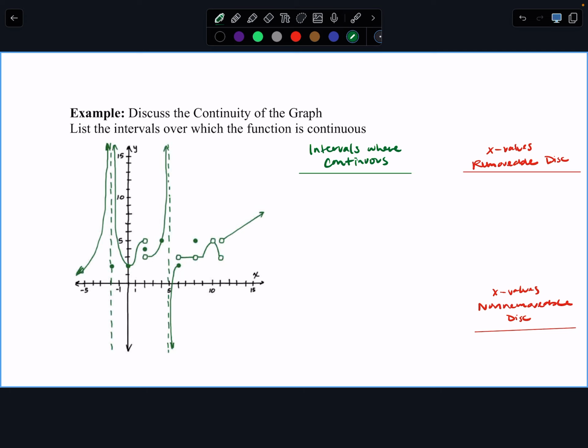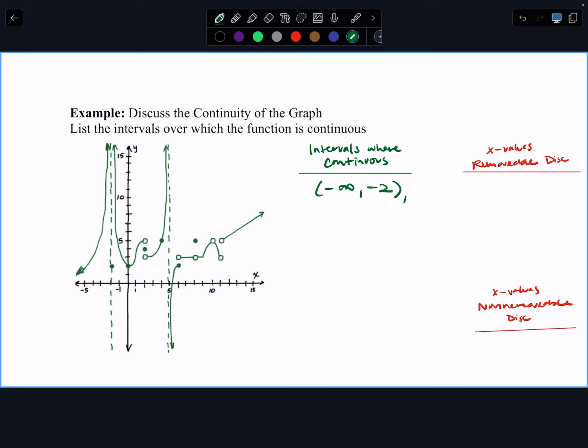Alright, you guys, let's check in. So, reading the graph from left to right, thinking from your pre-calc perspective, where would I be tracing the graph? From negative infinity up to negative 2, would we include negative 2? No. Why not? Because there's an asymptote.